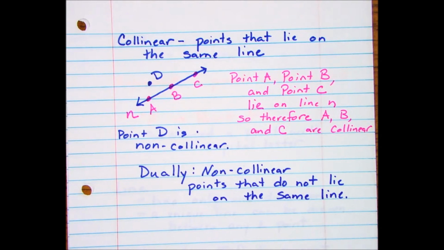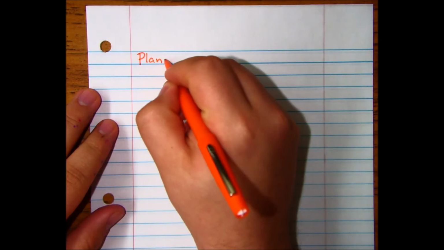Now, notice we've stuck with just the concept of a line and we've just added vocabulary that deals with those lines. Now let's move up to what happens when we add more dimensions. And then we start getting the concept of planes.